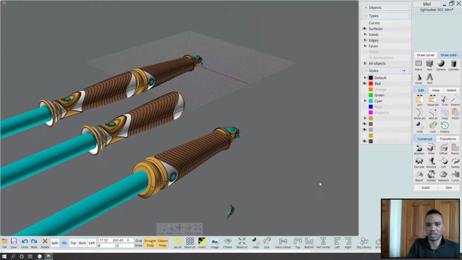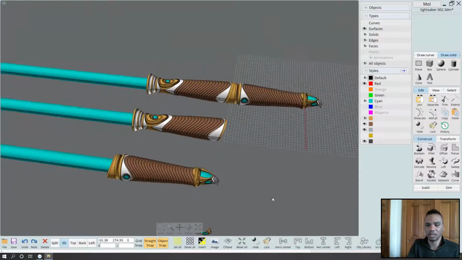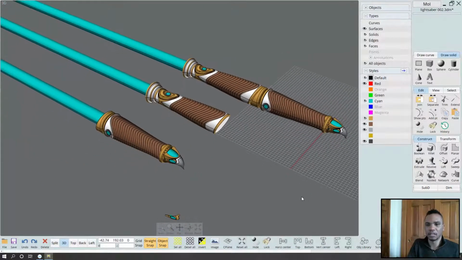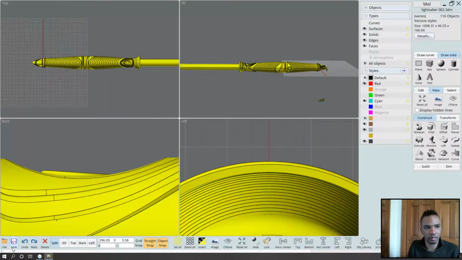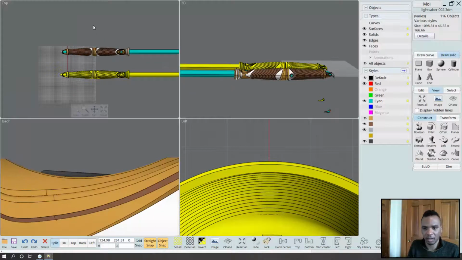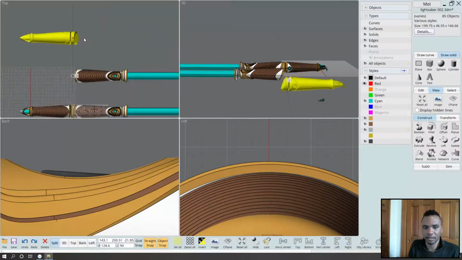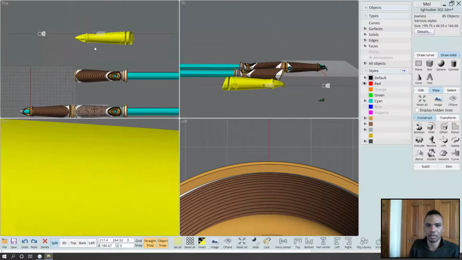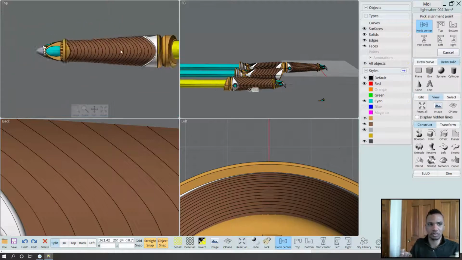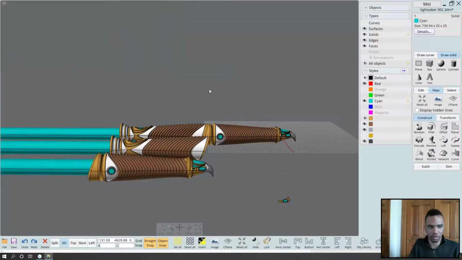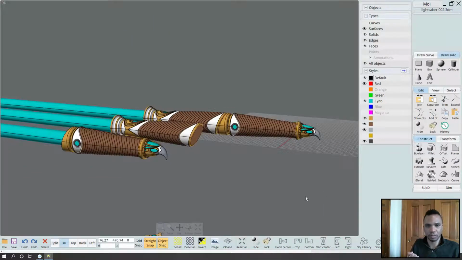So what I was thinking is maybe the hilt with the eagle head is the hilt that you would get if you're an officer or something, like you got a promotion. And the other regular hilt, you would just get two or one of those if you're a regular soldier. But the second one is what you get as your promotion.